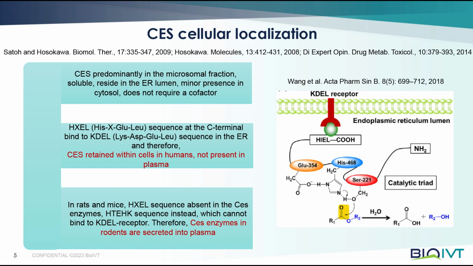Now, it's not perfect because there is actually still a soluble fraction in the cytoplasm. And so you can see some differences in some cases where you might have some carboxylesterase activity in the cytoplasm. But this gets to one of the major species differences where in rats and mice, they have a different sequence. And because of that, especially for the CES-1 enzymes, they are actually secreted into plasma. So they're cytoplasmic, and then they actually also end up in plasma as well.